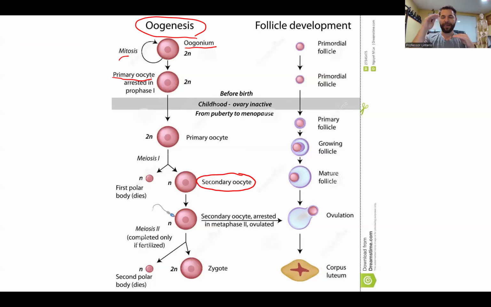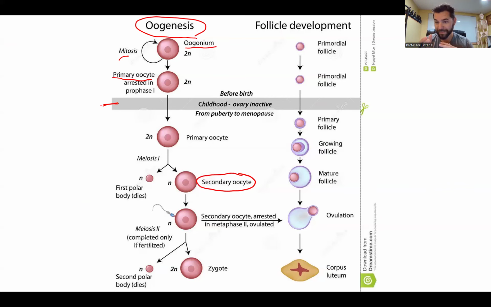Oogonium, primary oocyte, and then basically we stop. So you will have in the ovary, as we'll see on the next slide, a huge stash of primary oocytes. A lot of them.